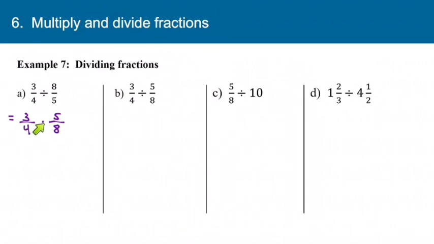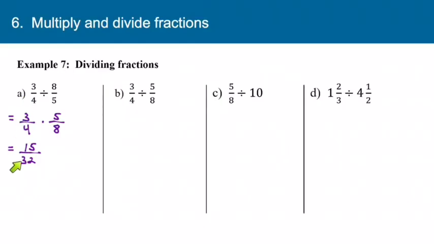See, now that we've got it switched into multiplication form, you can see that the 8 and the 4 are both in the denominator, so they're not going to cancel out at all. So we'll just have to say 3 times 5 is 15, and in the denominator 4 times 8 is 32. This cannot be reduced, and so we'll just leave it like that.